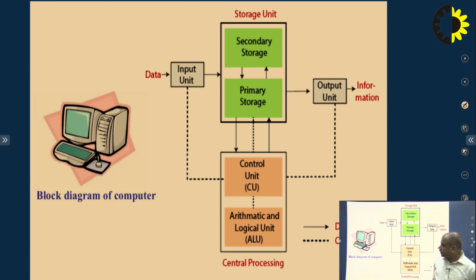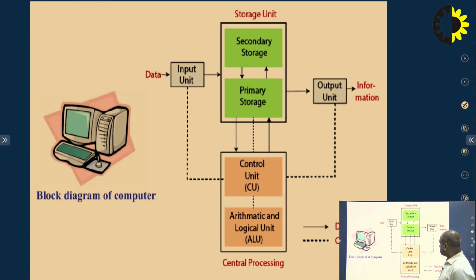Here, as we see in this diagram, we elaborate on the blocks. This one is our input unit, that is our output unit. We feed data into the input unit and we get output as information from the computer.